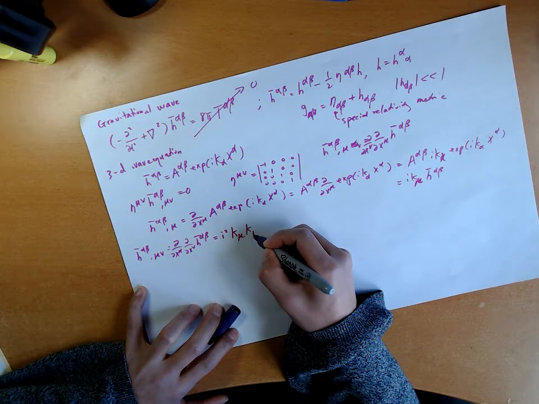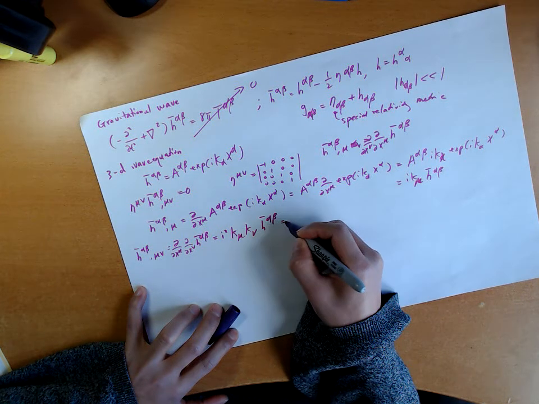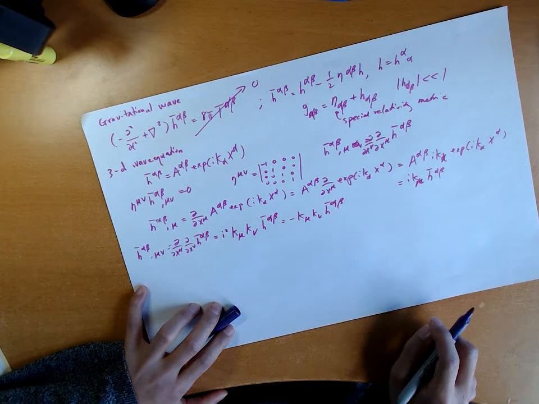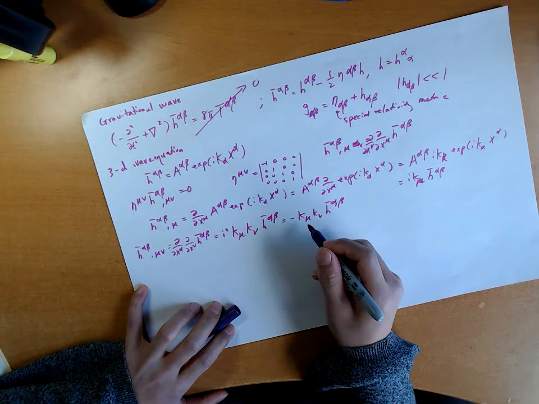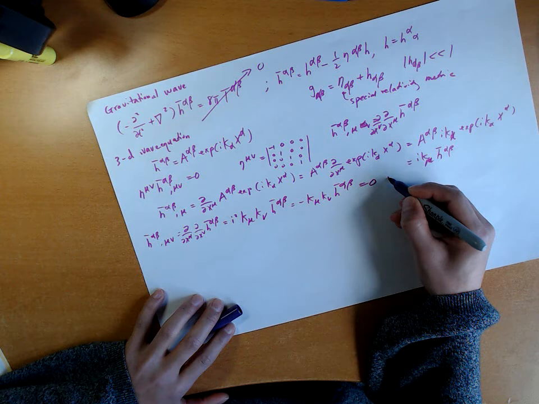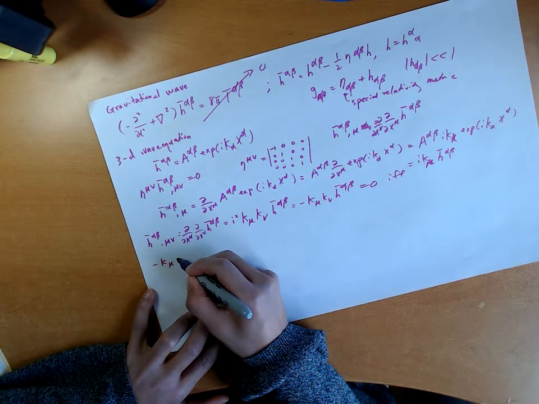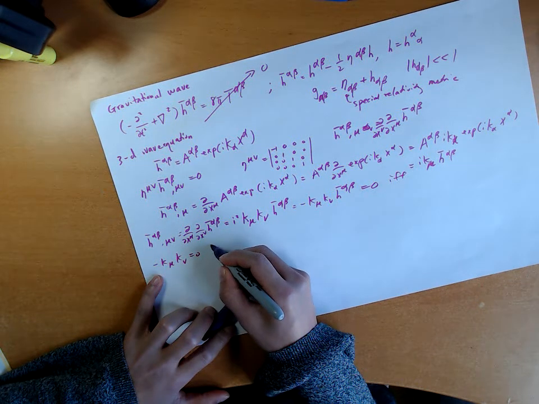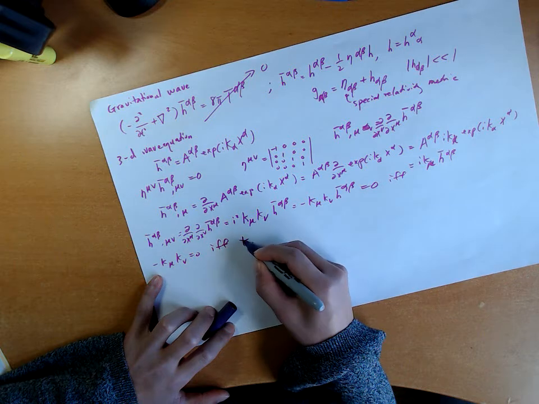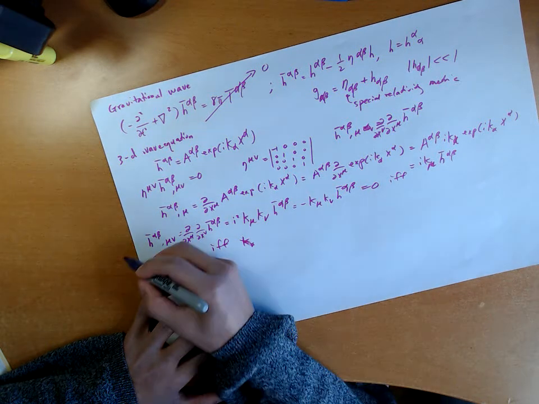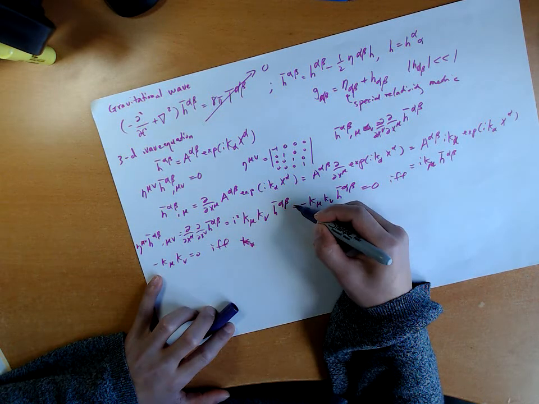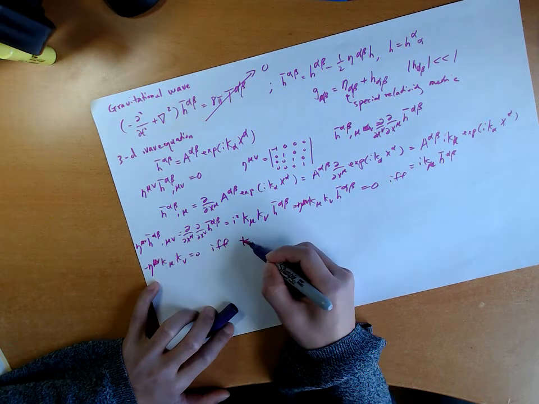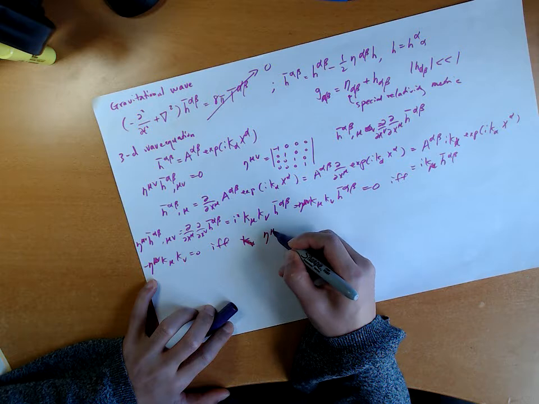K mu, so this can be said to be 0 if and only if k mu k v equals 0. And this is equal to 0 if and only if k, well, let's see what this is.